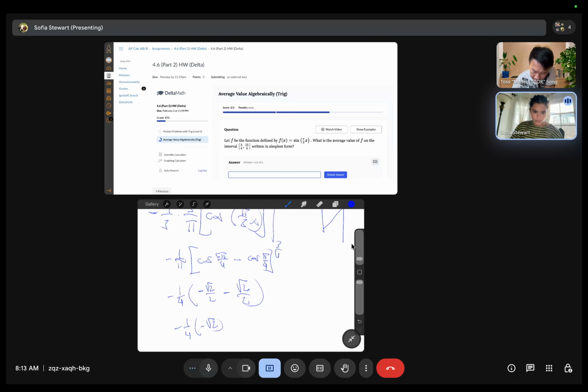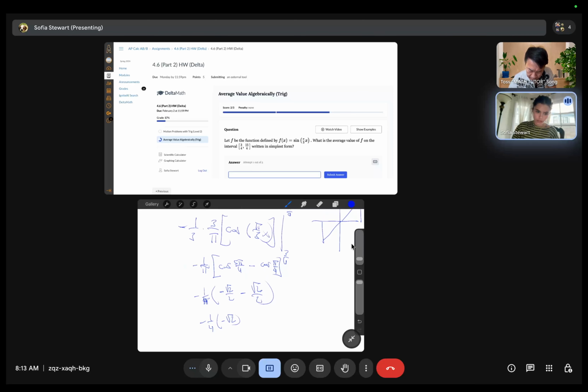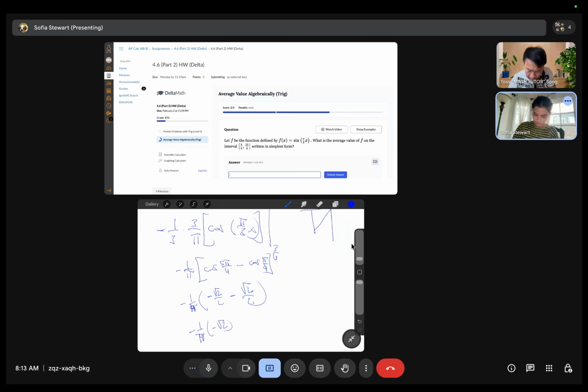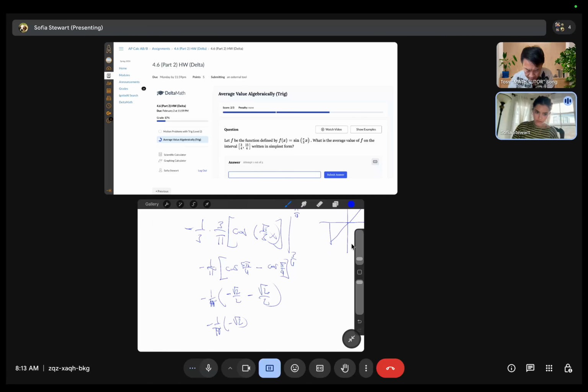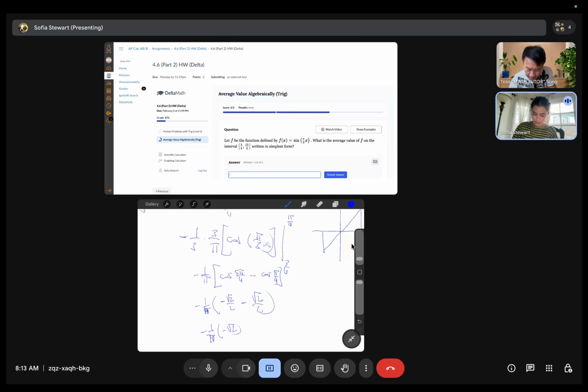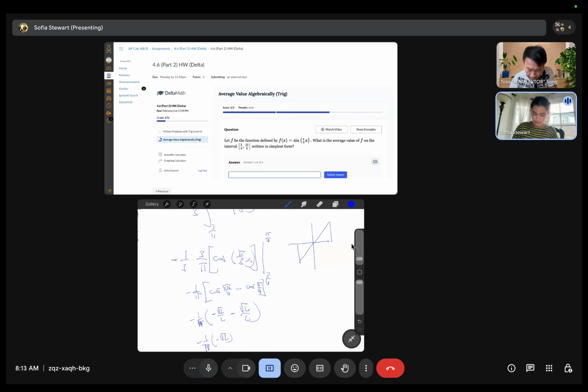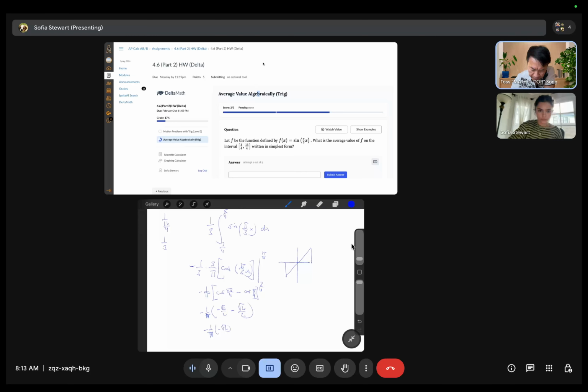Wouldn't it be, shouldn't the outside be negative 1? The one that you have is 1 over 3 times 3 over pi, so isn't that just negative pi? No, you do the flip or reciprocal of pi thirds.